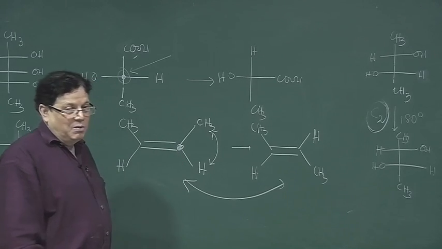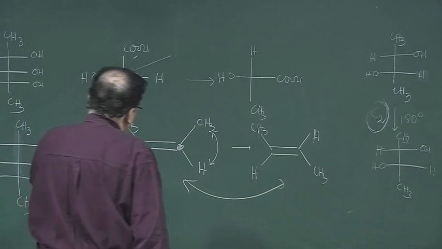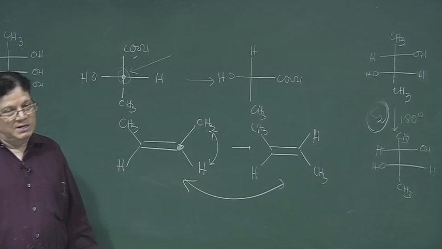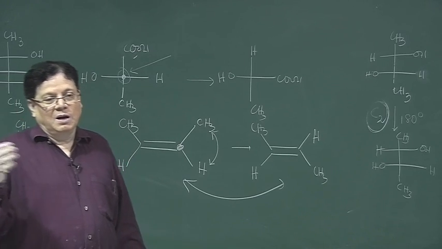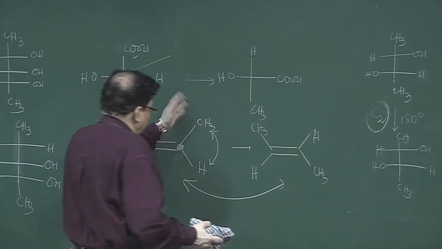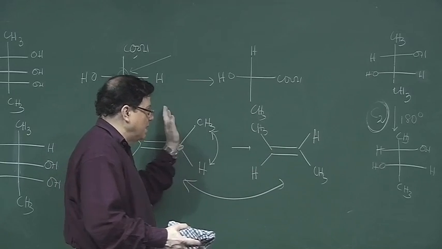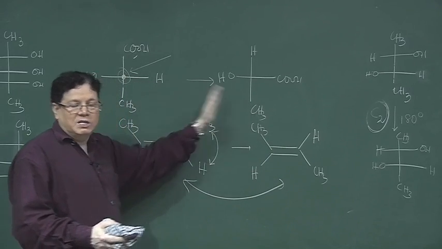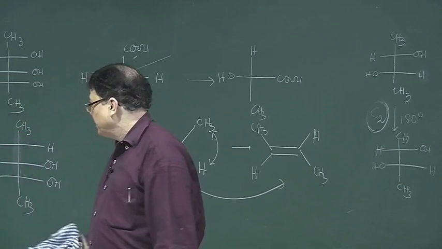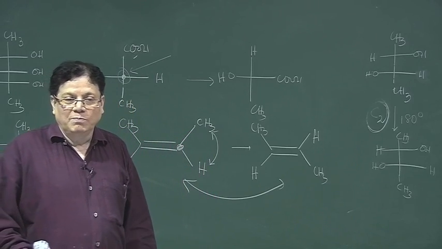So, that is what are called stereogenic center, and molecules possessing stereogenic center show the phenomenon called stereogenicity. This phenomenon of interchanging groups giving different diastereomers or enantiomers or in general stereoisomers is what is called stereogenicity. Okay.